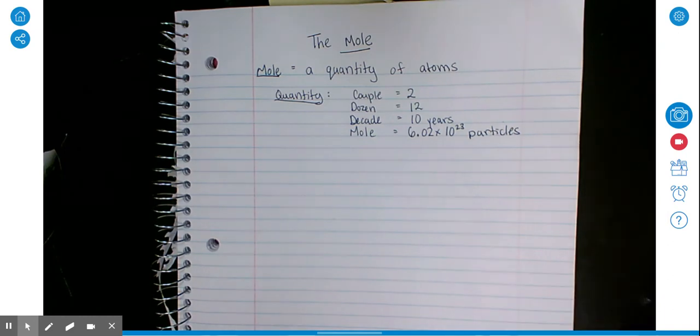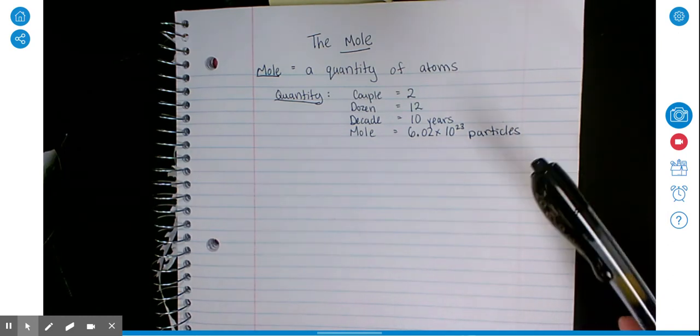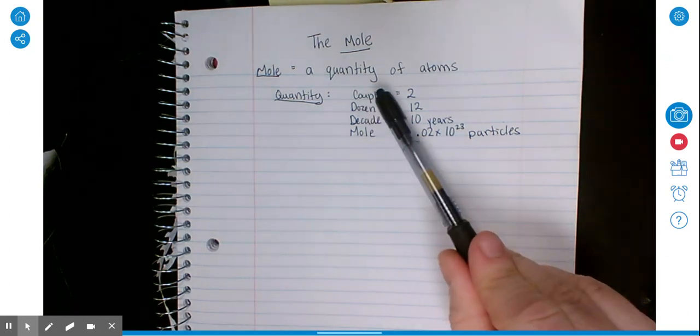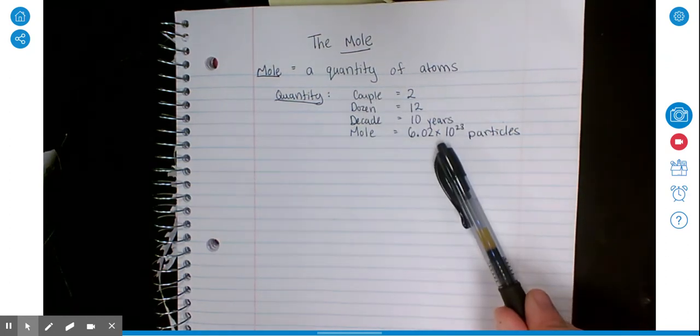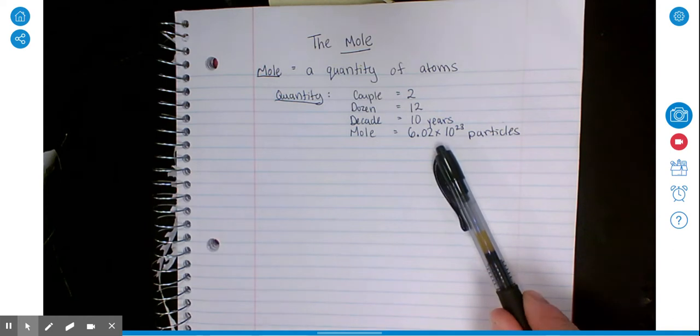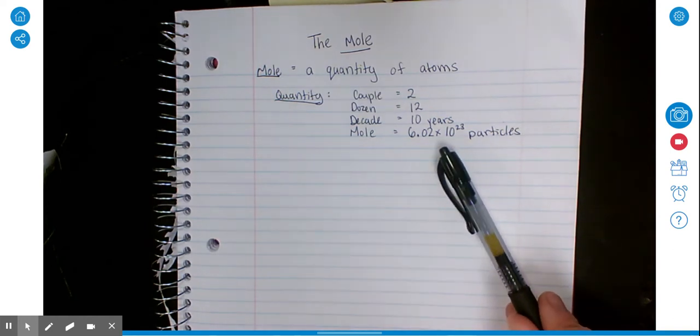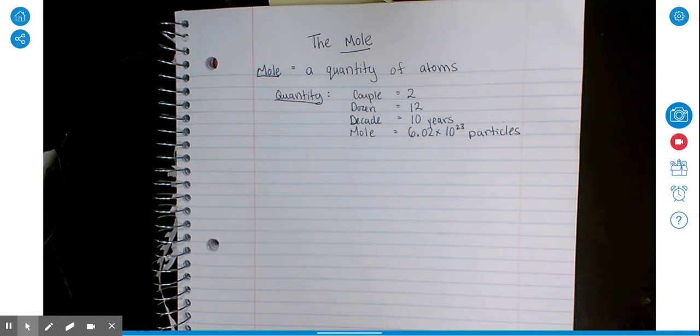It's a big number with a big label, but it's just like the other quantities. It's a name that represents a number. The name mole represents the number 6.02 times 10 to the 23rd, and we're talking about atoms or particles.